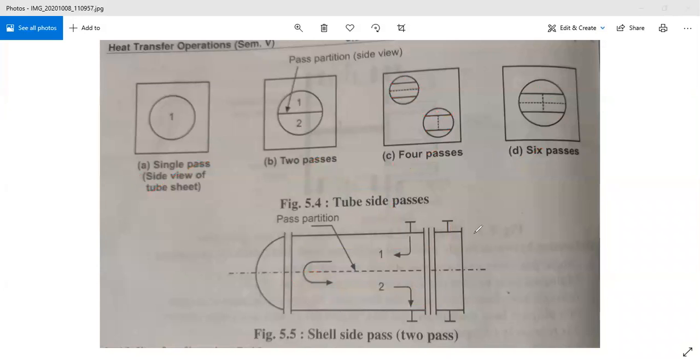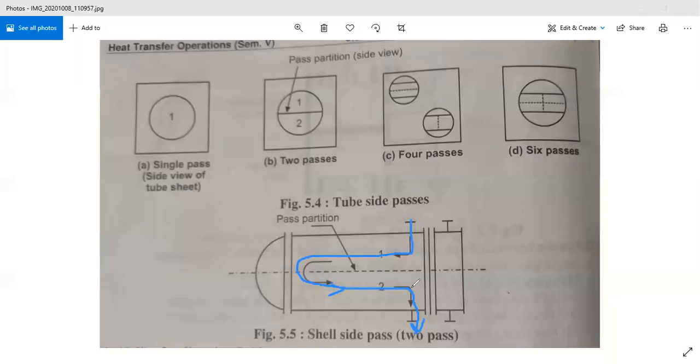So if you observe this diagram, here shell side passes are mentioned. From this nozzle, this shell side fluid is going to pass in this way. Now when this shell side fluid is passing in this direction, that is once along the length of heat exchanger, then in a reverse direction, that is in U direction, it is again passed along the length of heat exchanger, and that is why it is called a 2 pass shell side fluid arrangement.